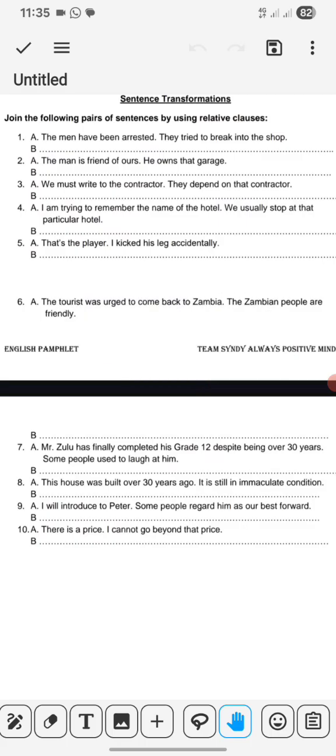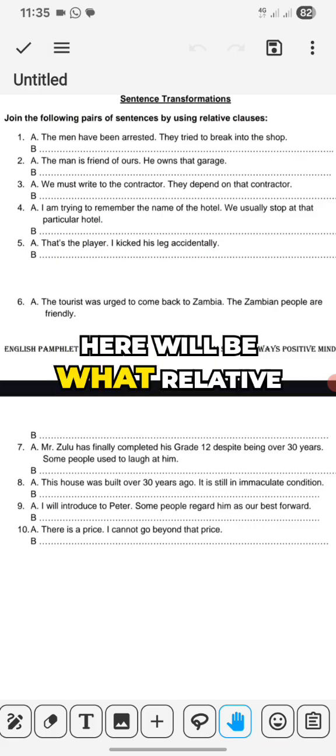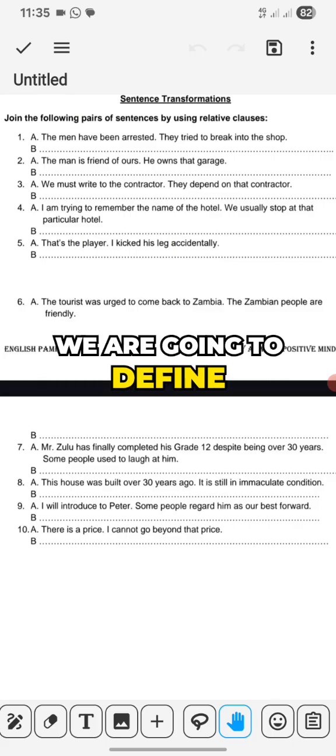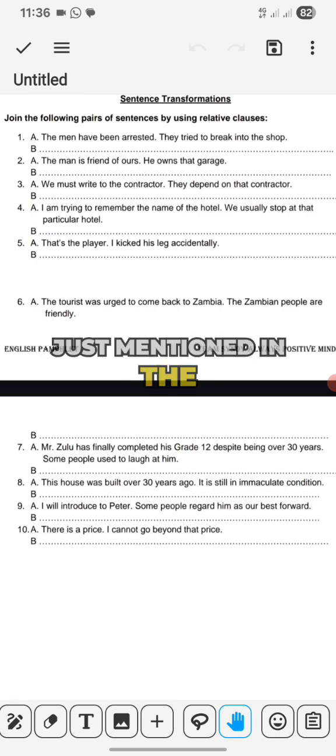Now, the starting point here will be what relative clauses are. To make you understand what we are basically talking about, we are going to define what a relative clause is. A relative clause provides useful information about someone or something just mentioned in the sentence.